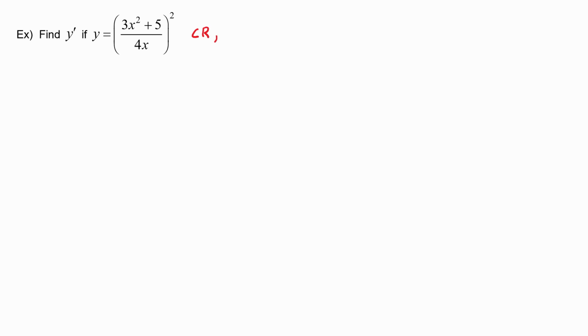Now, because the stuff is a quotient, we will also have to use the quotient rule, which we know is f prime g minus f g prime over g squared. So we will need to combine both of these rules.